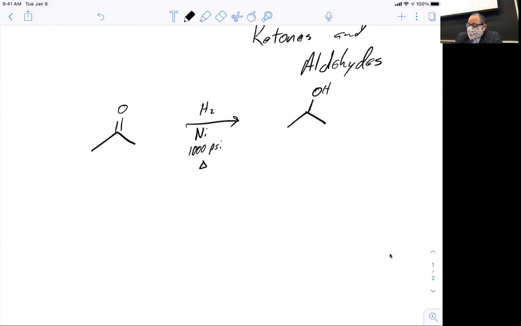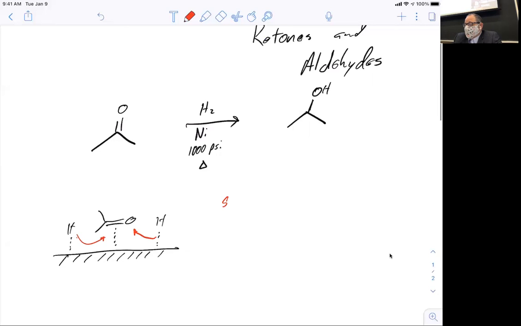The process would be syn. So if we think about this as a metal type catalyst, our hydrogen is absorbed to the surface, our carbonyl species would be absorbed to the surface, and that means that when it works, our two hydrogens are going to be adding from the same side, right?